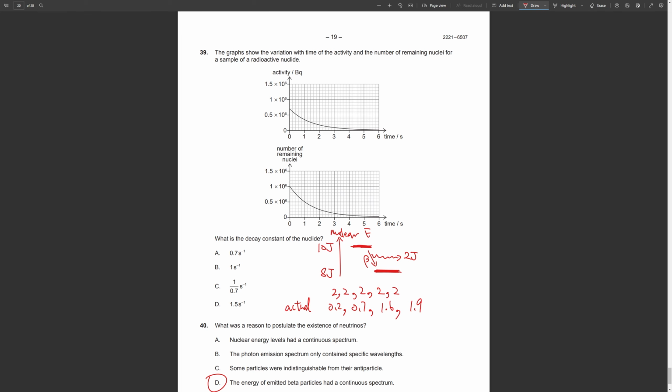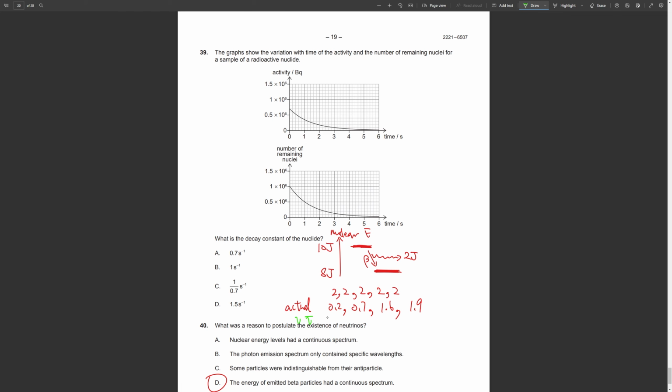Why is a range of different possible numbers given out even though the energy difference is always 2 joules? The only possible explanation is that there is another particle, invisible, so that we cannot detect it. That is the neutrino, or maybe the antineutrino. This particle is carrying the missing amount of energy.